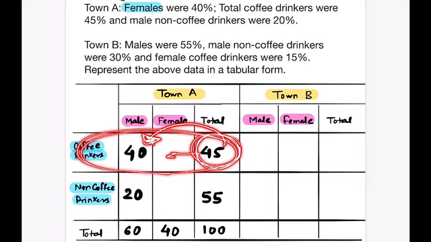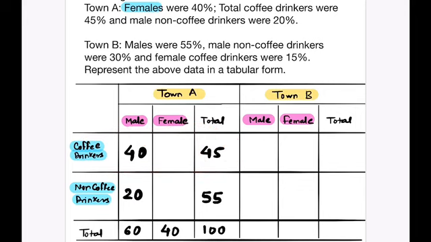So rest will be females 5%. Total non-coffee drinkers are 55%. Out of that 20 are males. So rest will be females 35%.